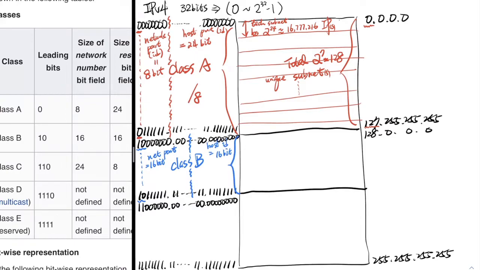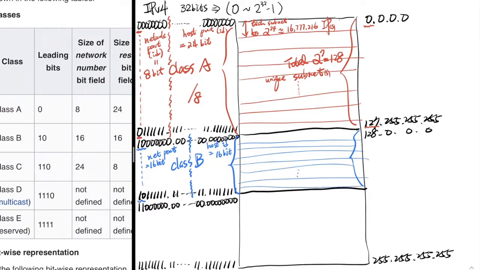Again, we can divide class B into different unique subnets.